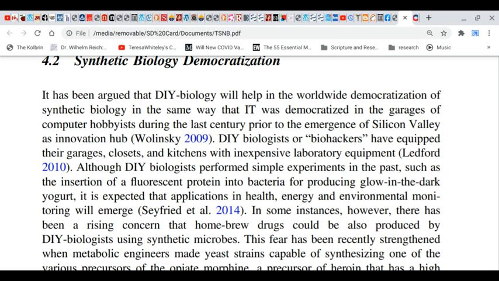I digress. Do-it-yourself biologists or biohackers have equipped their garages, closets, and kitchens with inexpensive laboratory equipment. Although do-it-yourself biologists performed simple experiments in the past, such as insertion of a fluorescent protein into bacteria for producing glow-in-the-dark yogurt, it is expected that applications in health, energy, and environmental monitoring will emerge.